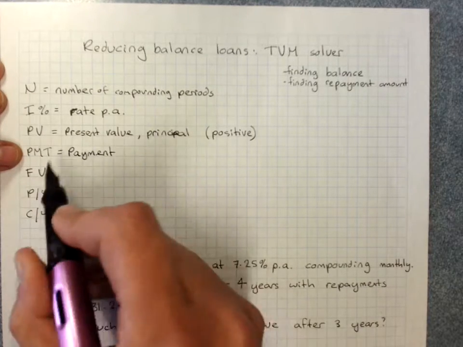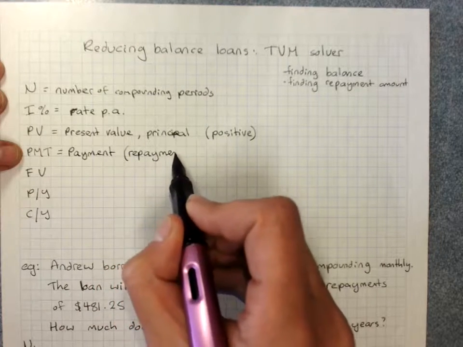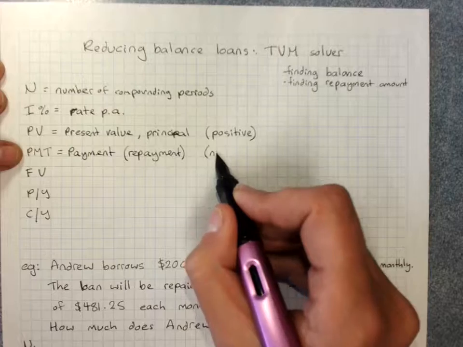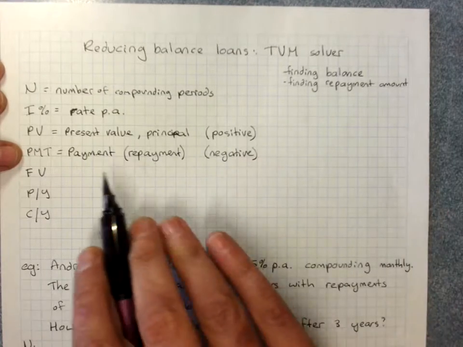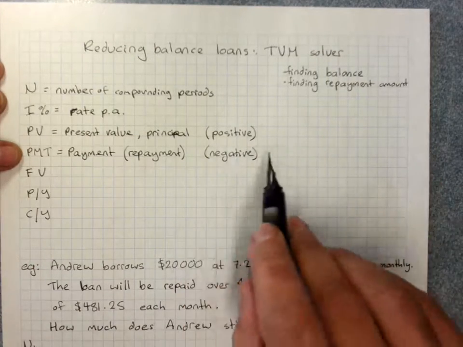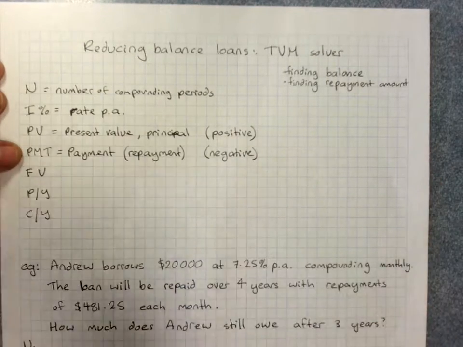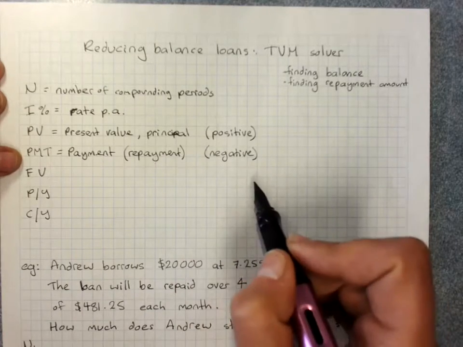So these are our repayments, and it's negative because I'm giving money back to the bank. It's going away from me. I don't like it when money goes away from me. That's negative. And you must use the negative key, not just the minus key.